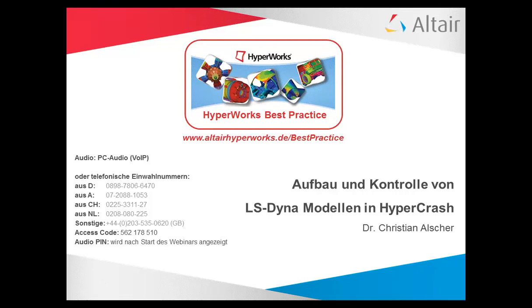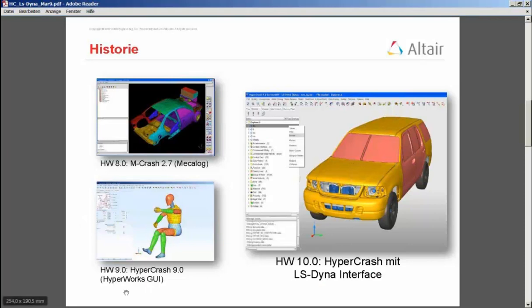So first of all, let me give you a little bit of historic information about Hypercrash. Hypercrash was developed together with Radios, with explicit code Radios, and the preprocessor was formerly called mcrash from the company called Mechalog.